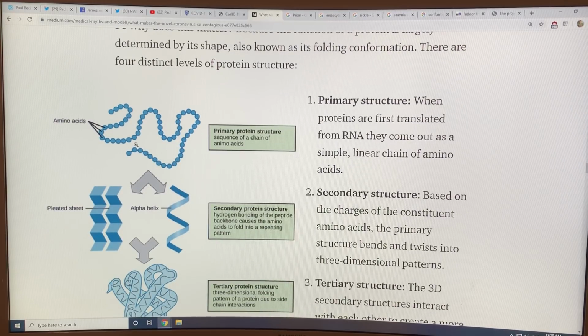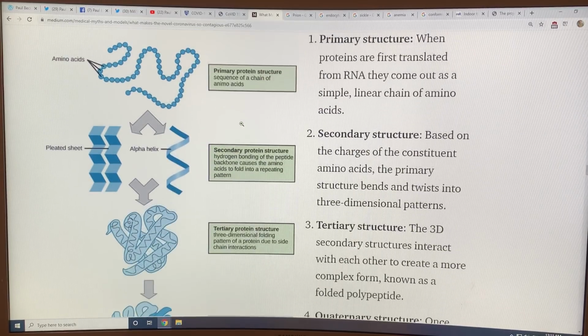The primary structure: when proteins are first translated from RNA, they come out as a simple linear chain of amino acids. The amino acids are the building blocks of proteins, and you get this chain here. This is the primary protein structure. Then there can be cross links between different parts, or there can be a helix.